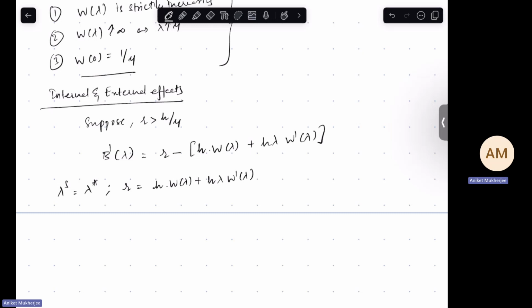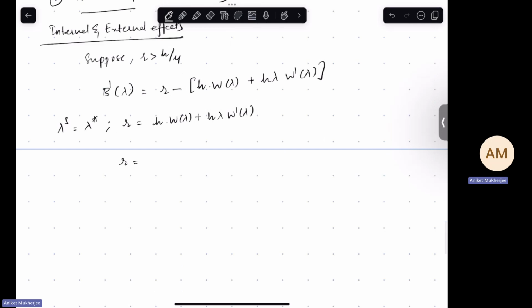If we do this, what do we get? Let's check this out once. R equals H by mu minus lambda plus H lambda by mu minus lambda whole square.